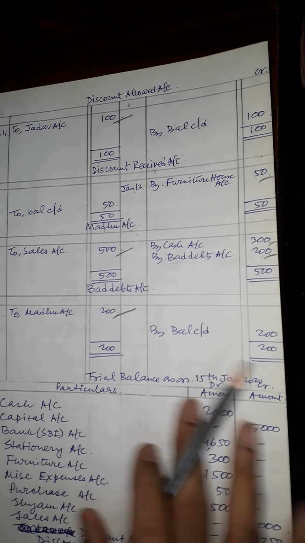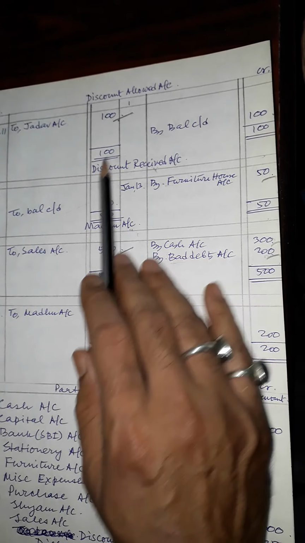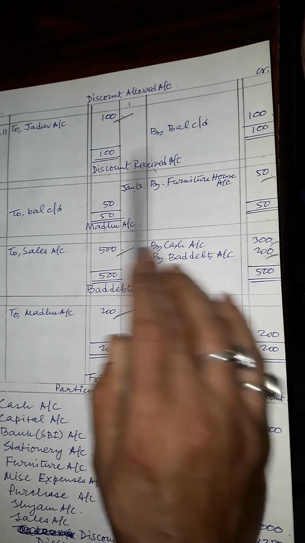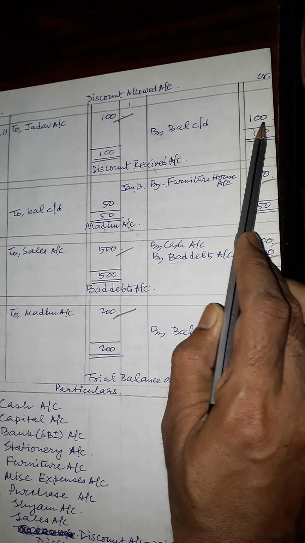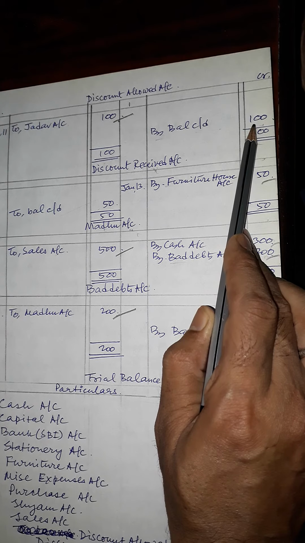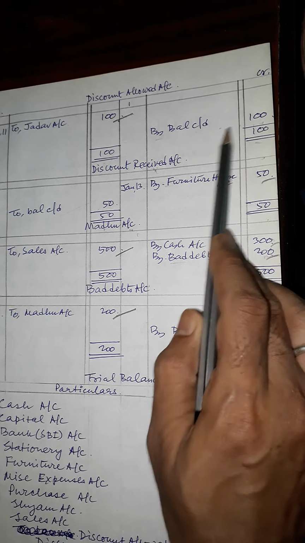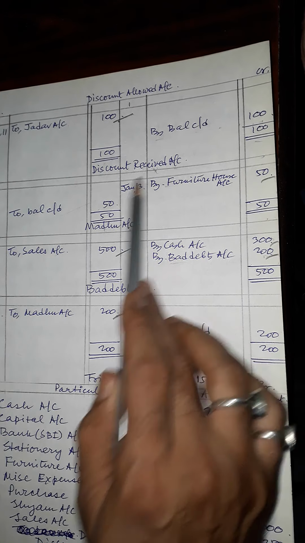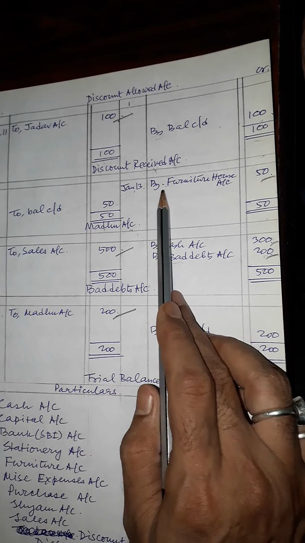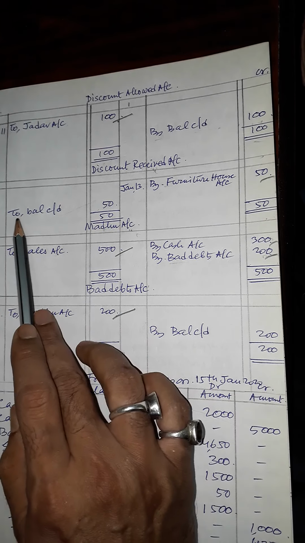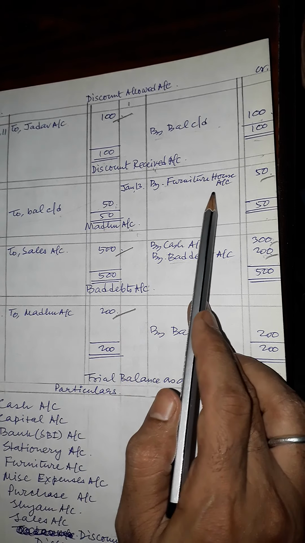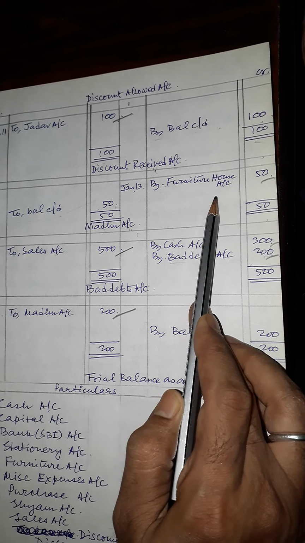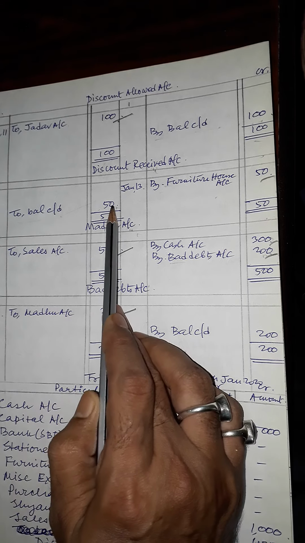Again, discount allowed account 100, by balance CD, closing balance, so the balance appears in the credit side, so it is a debit balance. Discount received account, the closing balance appears in the debit side, so it is a credit balance because the credit exceeds the debit by 50 rupees.